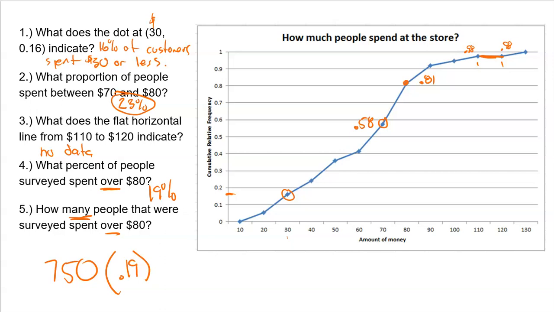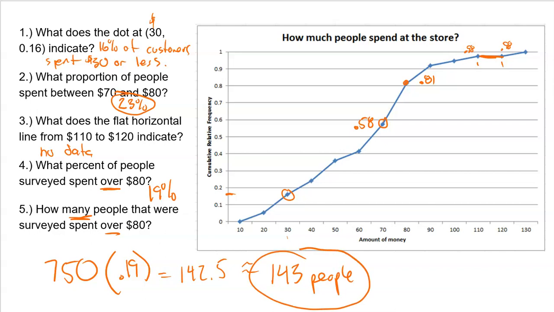So you're just going to grab a calculator and do some simple math here. 750 people times 0.19 equals about 142.5 people. Now, you can't have a 0.5 of a person, so we probably round that up to 143 people. There must have been some rounding going on when we made this, and that's totally normal. So 143 people, 19%, spent over $80.